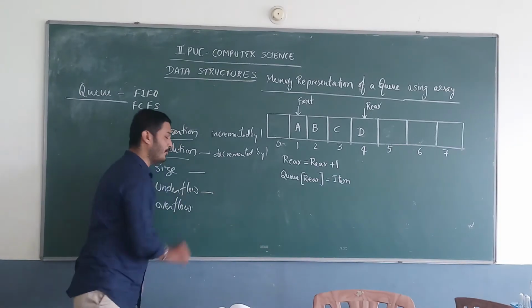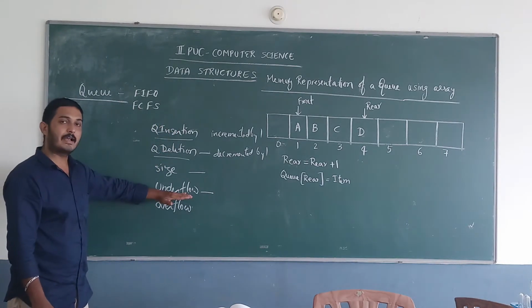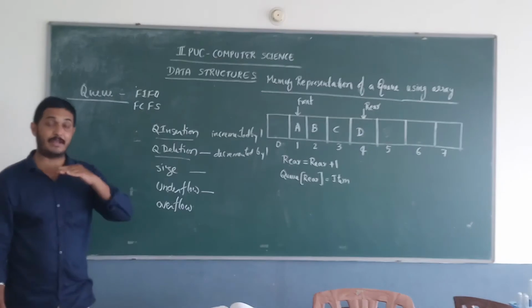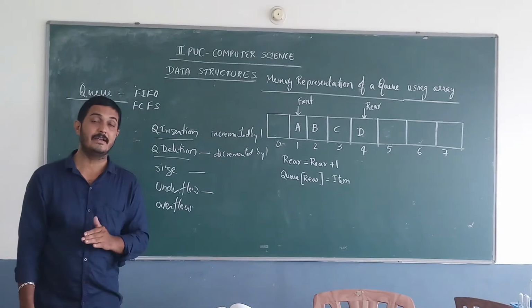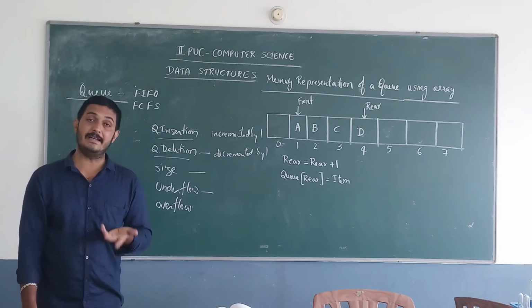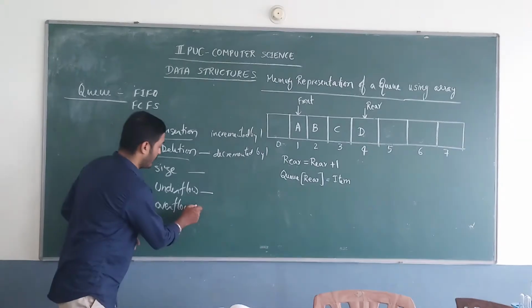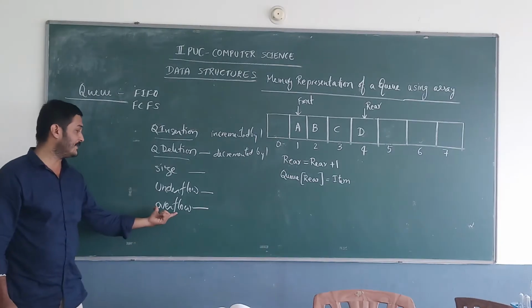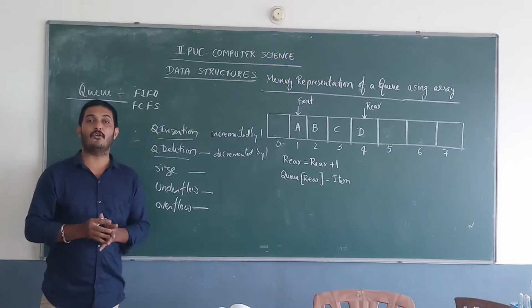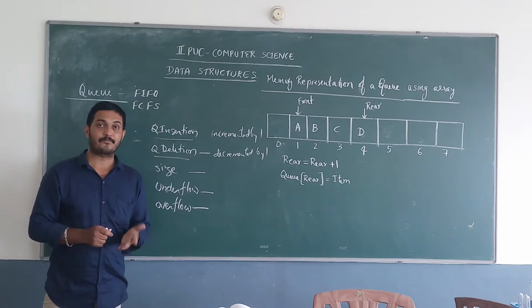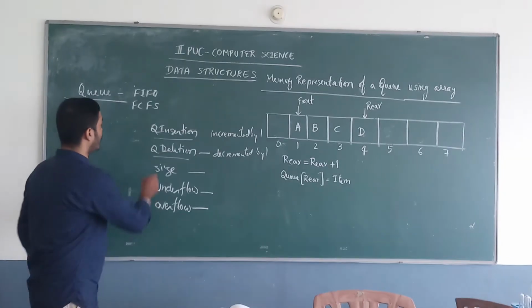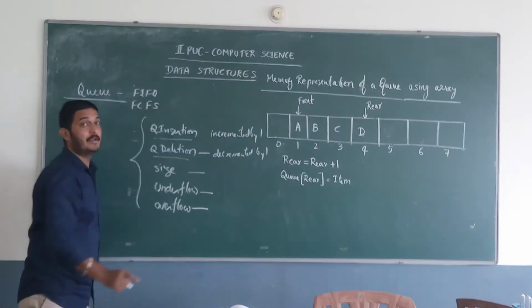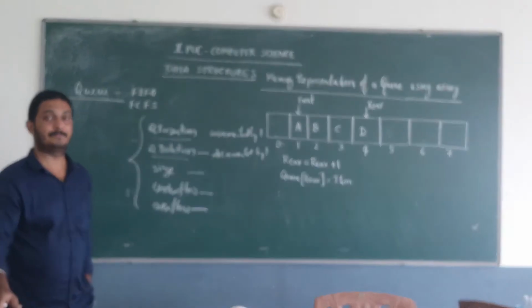Then underflow: this operation indicates whether the Queue is empty or not. If it is empty, then it is not possible to delete an item. The next operation is overflow, which is used to check whether the Queue is full or not. These are all the operations possible on the Queue data structure.